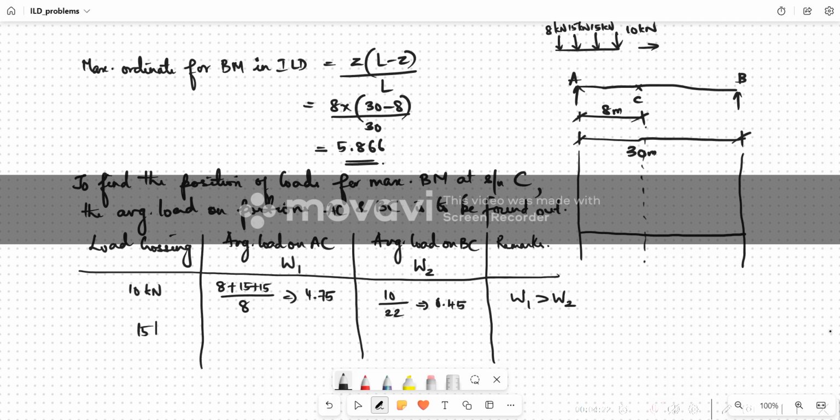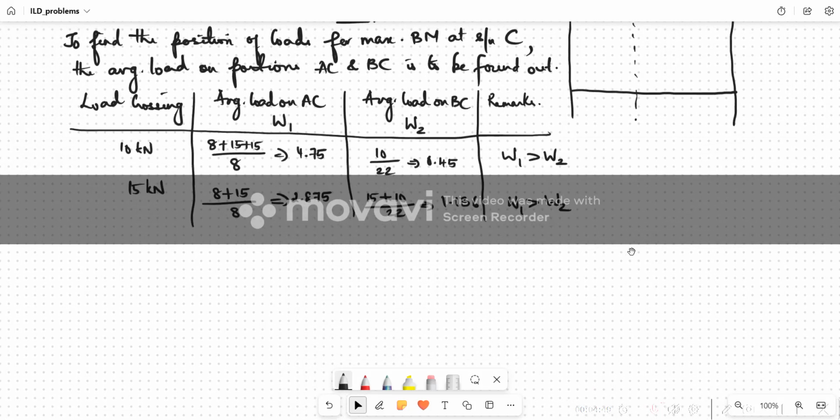So you can make out that W1 is greater than W2. The next load, 15 kilonewton, is crossing. So the average load is 8 plus 15 by 8, which is equal to 2.875. The second is 15 plus 10 divided by 22, because 15 also has crossed there, so you will get 1.136. What is the inference? W1 is again greater than W2. What is the next load?